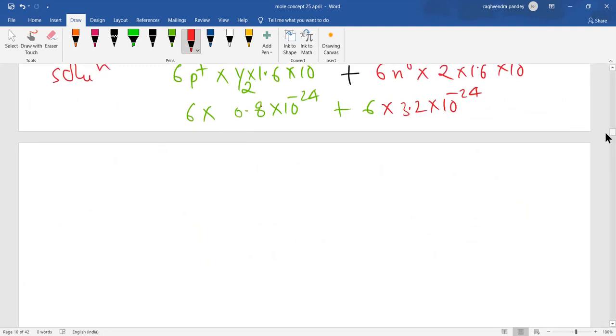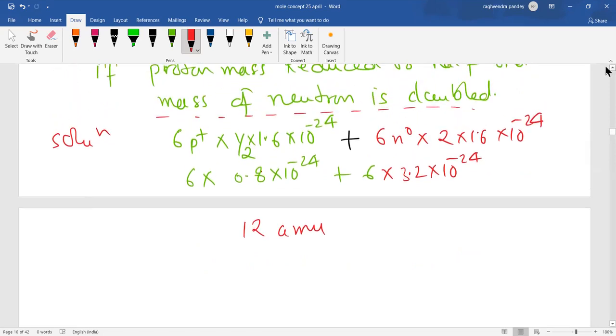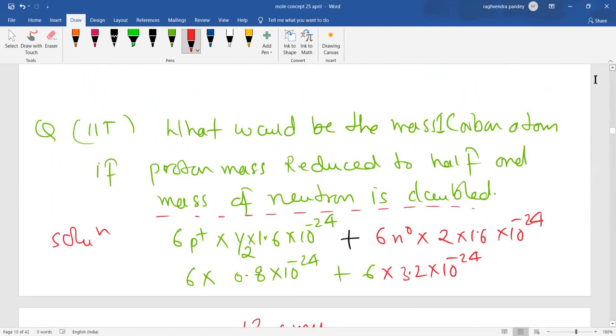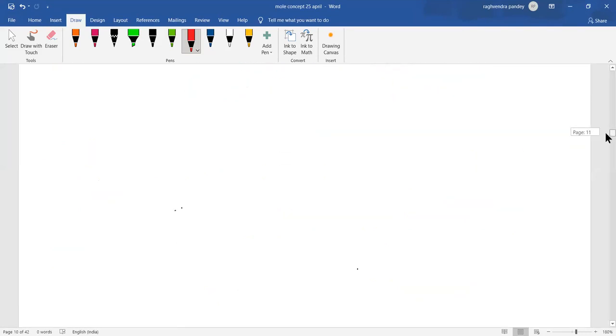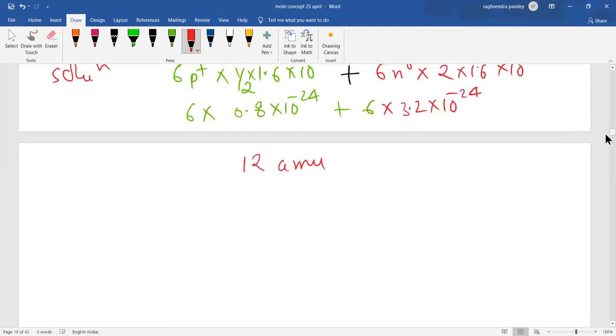So you will get 12 AMU. Okay, 12 AMU you will get. But logically you can understand from here: one is half, because 6 are half, then it is doubled, so the mass will remain approximately the same.